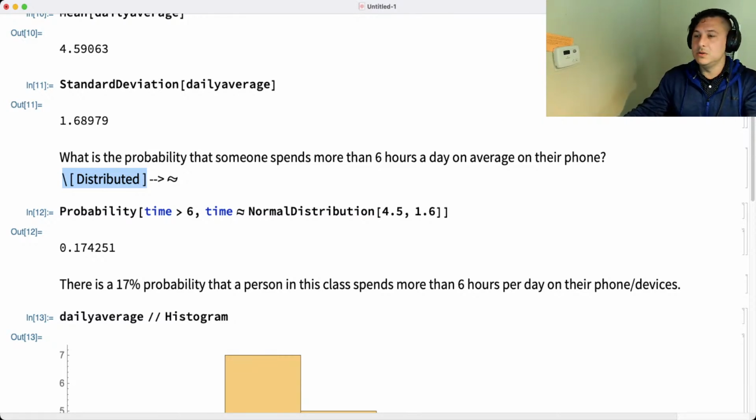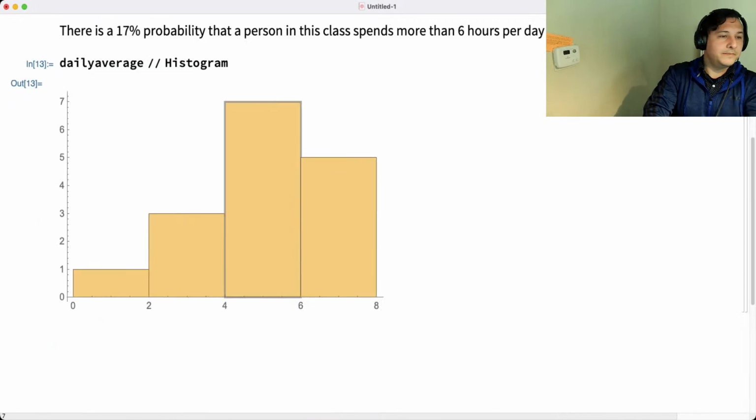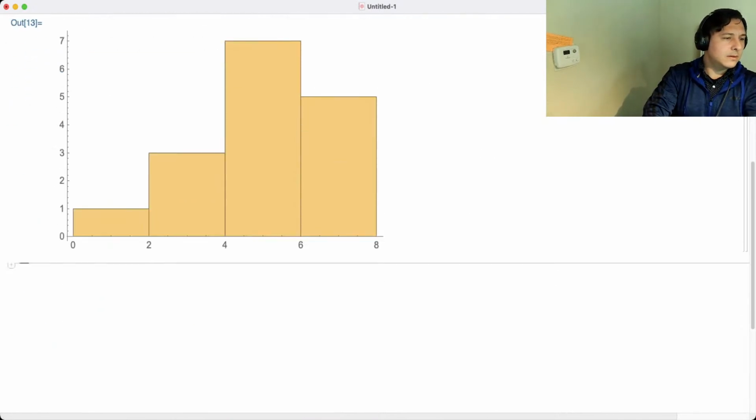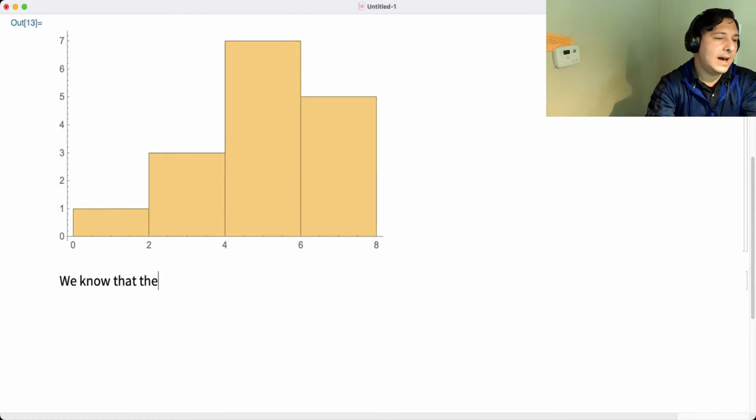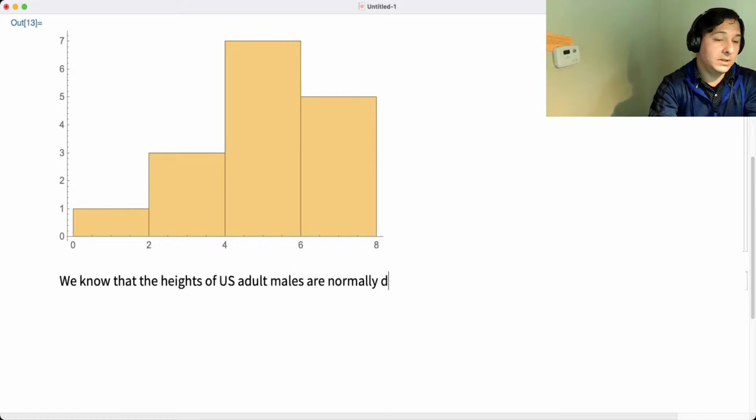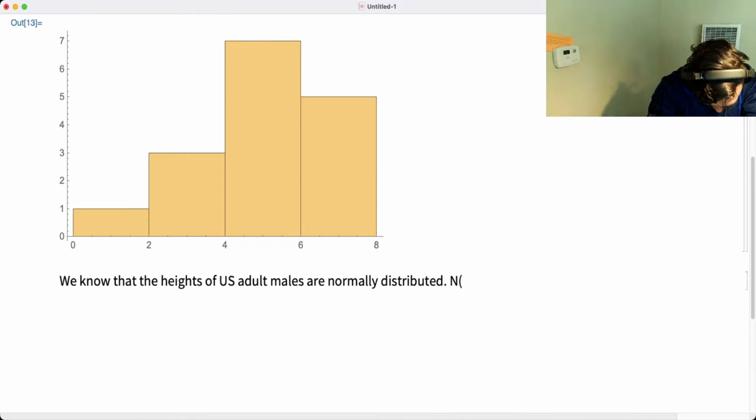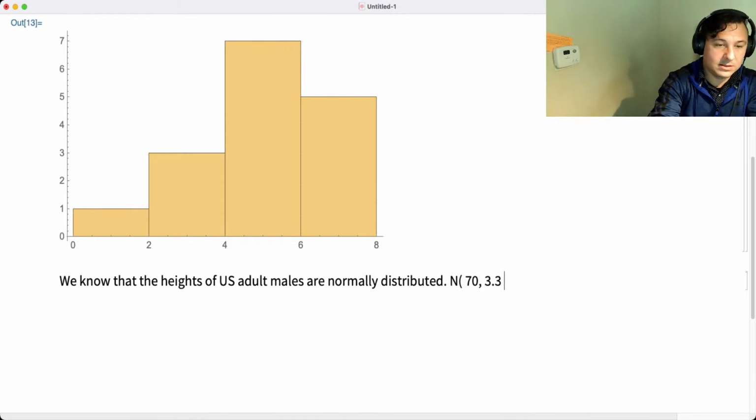Okay, so we'll do one together. Plain text. We know that the heights of US adult males are normally distributed, with a normal distribution where the average height is 70 inches and a standard deviation of 3.3 inches.